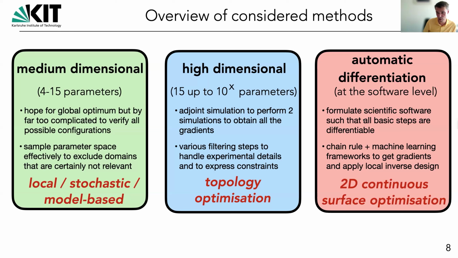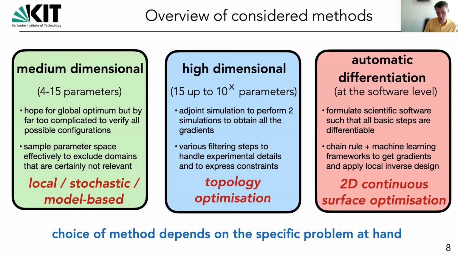Here we formulate scientific software in such a way that all basic elementary steps are differentiably formulated. Then in essence, we can apply the chain rule and these machine learning frameworks to get these gradients by applying a local inverse design technique. These are the most promising approaches that people use in the context of these optics simulations that can be used for this digital twin.